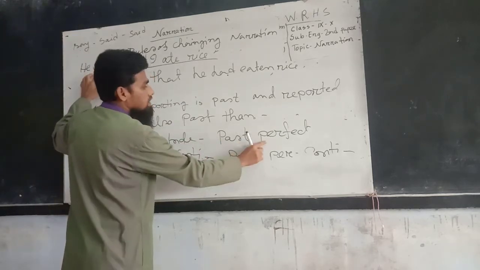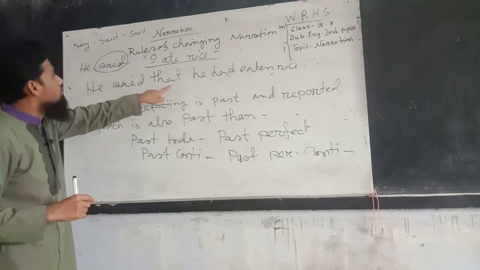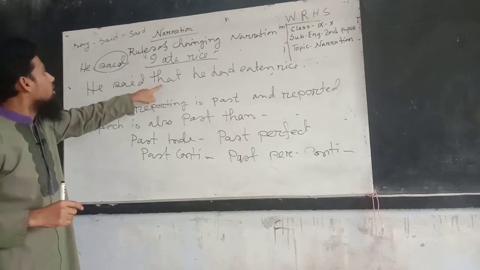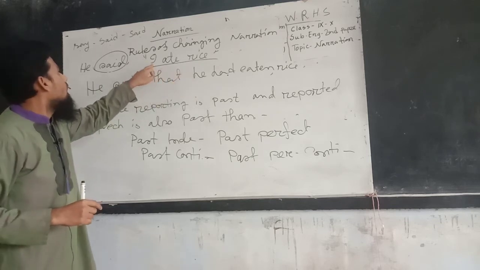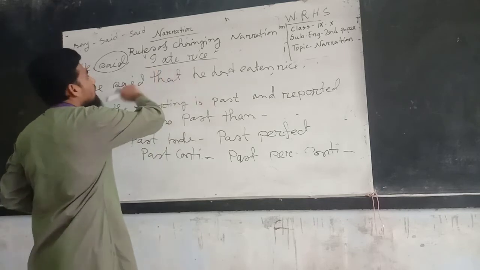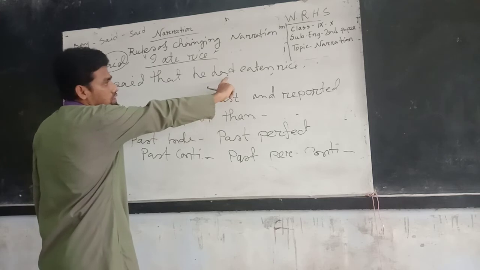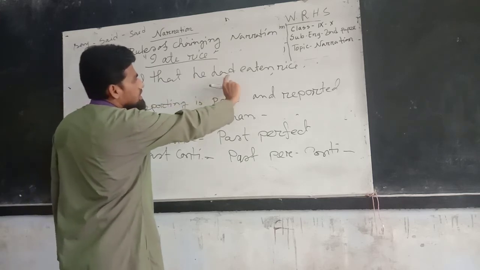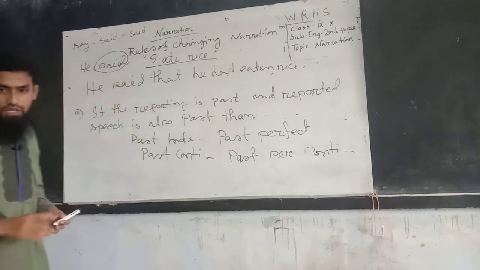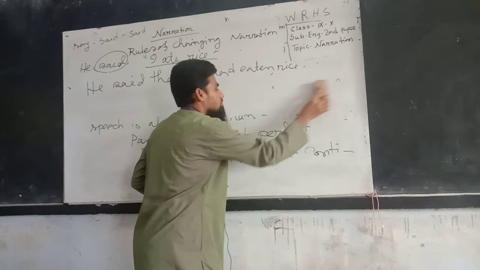We have to use "that" in place of the inverted commas, and use "he" instead of "I". It is past indefinite, and we have to change it into past perfect tense: subject plus had plus past participle form of the verb. Next example.